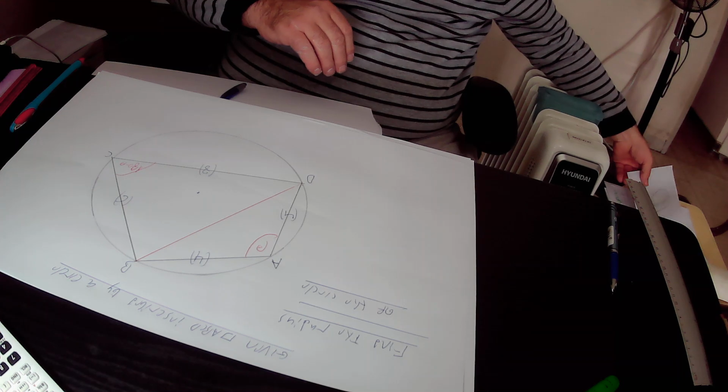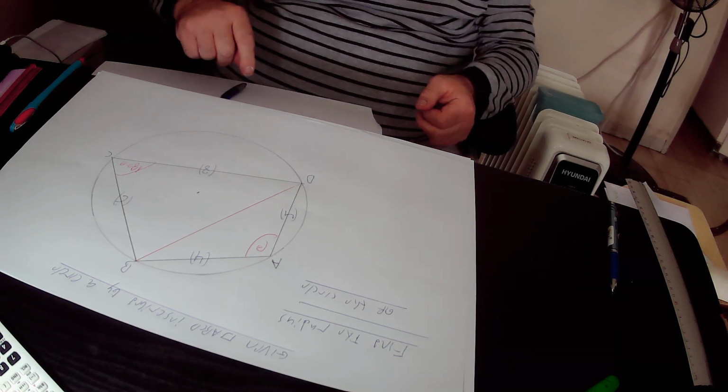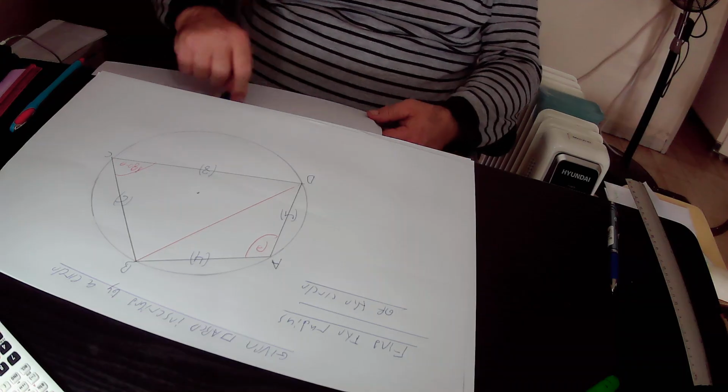Now we implement the law of cosines in this triangle ABD.